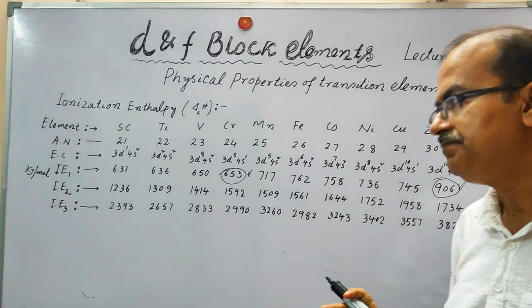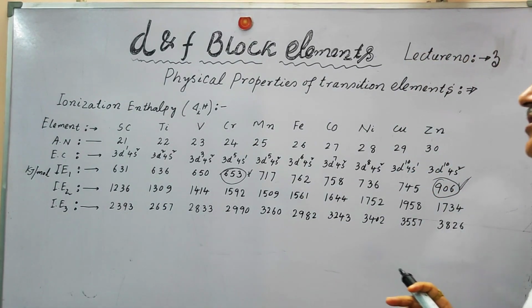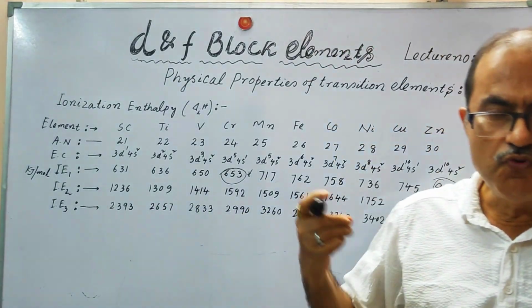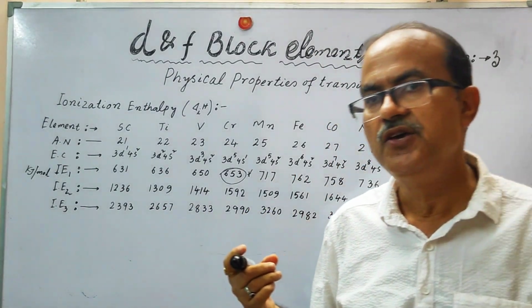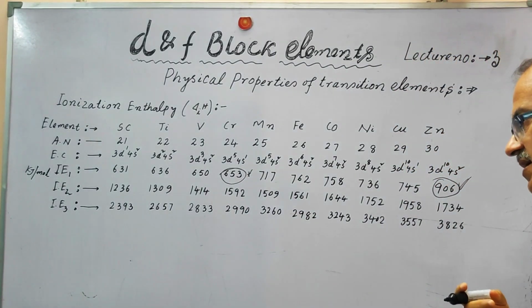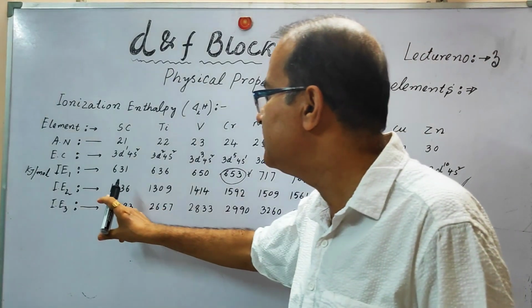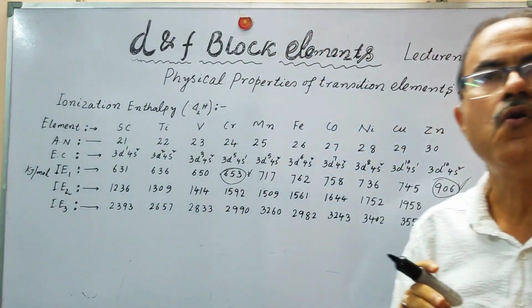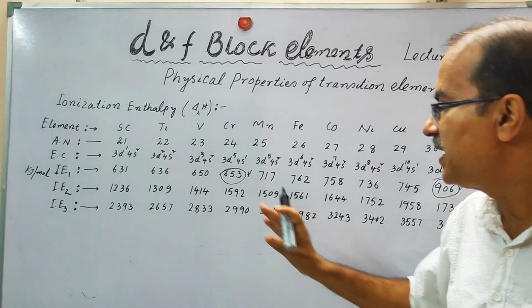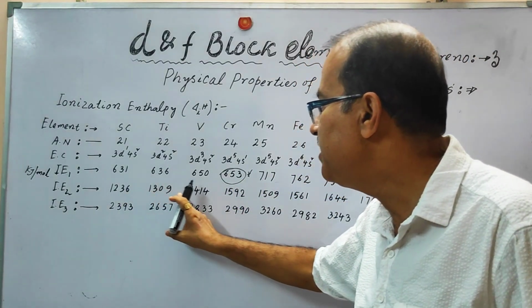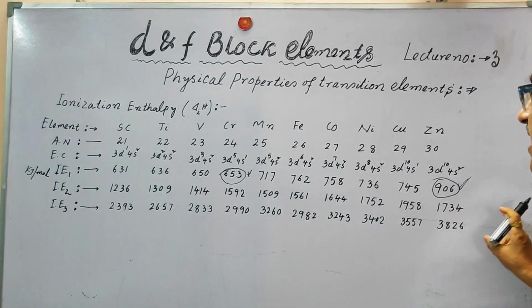But when we go to the second ionization enthalpy, that is when one more electron has been removed from the unipositive ions, what we find is that the trend is the same: as we go from the left hand side to the right hand side of this series, there is a continuous increase of the ionization enthalpy.